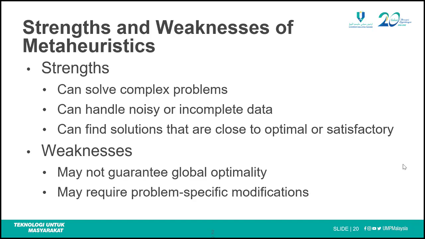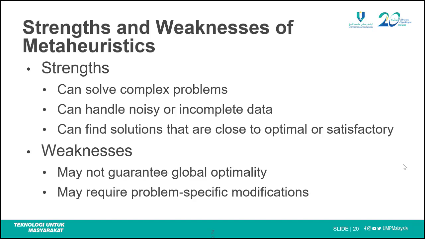As I mentioned earlier, metaheuristics will not guarantee to find the real optimum solution. It will find a close to optimal or near optimal solution, which is already good enough to be used in design, decision making, and so on.